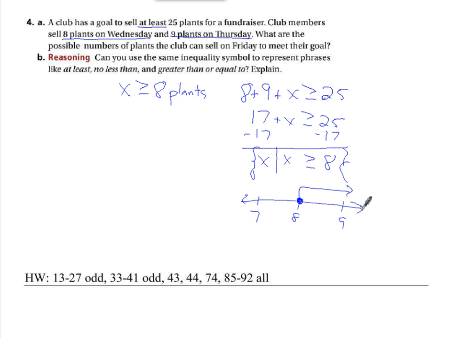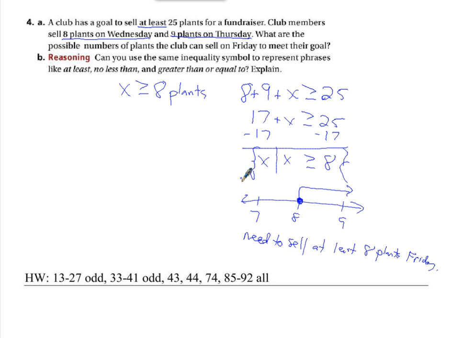You want to write your answer in terms of the problem? Need to sell at least 8 plants Friday. There you go. Okay? Lots of different ways to write the answer, but we could do the math in our head on this problem, which is nice.